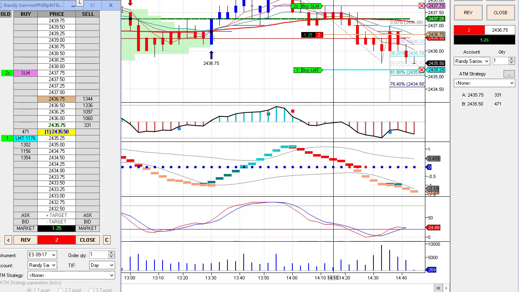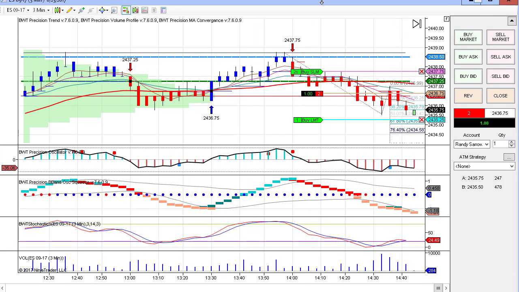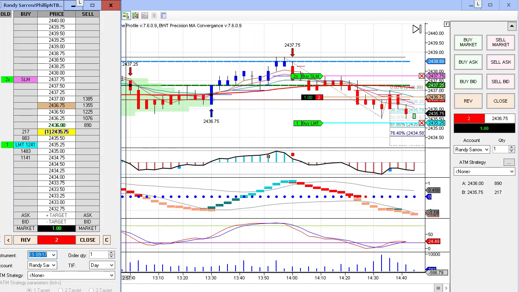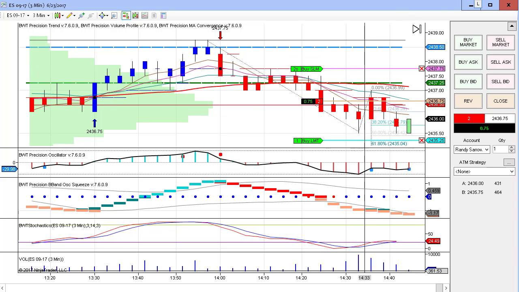Sometimes you can get a partial oscillation, just a little bit, and an oscillator can remain overbought or oversold, but you still get a smaller oscillation as price continues to drop, like in this case.